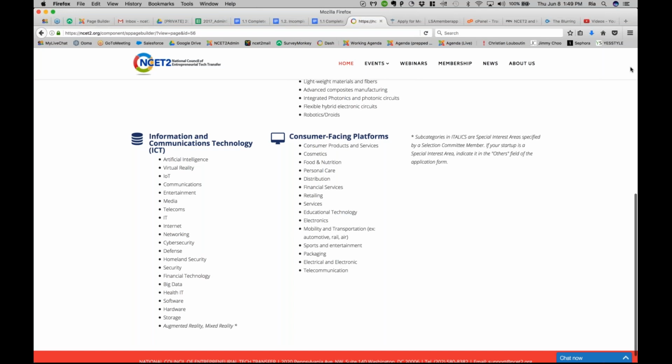Under consumer-facing platforms, there's a lot of different things here where we have consumer products that are sold every day in maybe big box retail stores, things like that. Cosmetics, the same thing. Food and nutrition and your health in the grocery chains and so forth. Personal care products that are sold in big box stores.